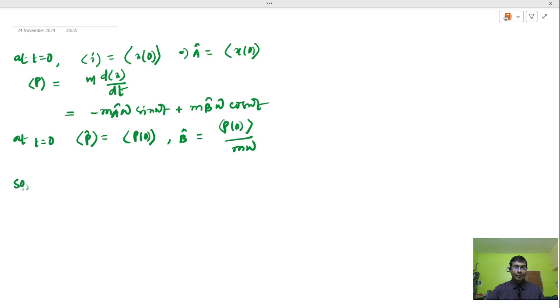So our expectation of x would be, just putting in the earlier equations, expectation of x0 cos omega t plus expectation of p0 by m omega sin omega t.